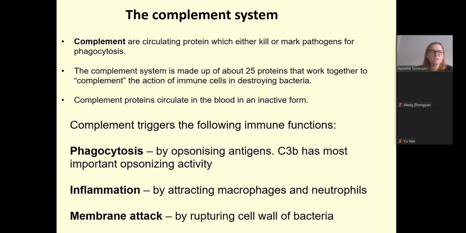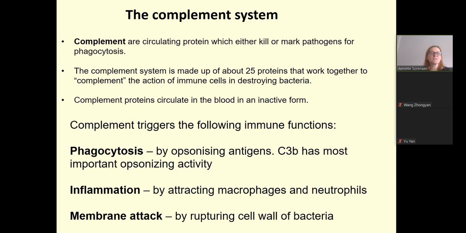Okay, so let's look a bit at the complement system. Complement is really circulating proteins which can kill pathogens through different mechanisms, and we'll look at these mechanisms here. It can kill directly, but it can also mark pathogens for phagocytosis.